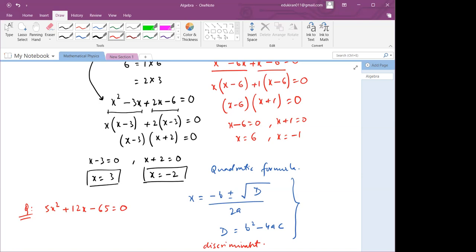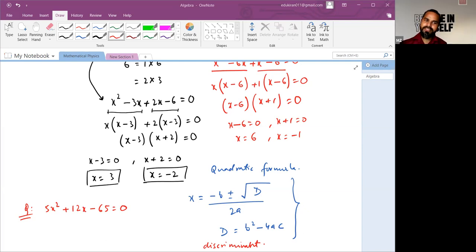Sir, it is 5x squared plus 12x minus 65, yeah? 5x squared plus 12x minus 65 is equals to 0. Okay.